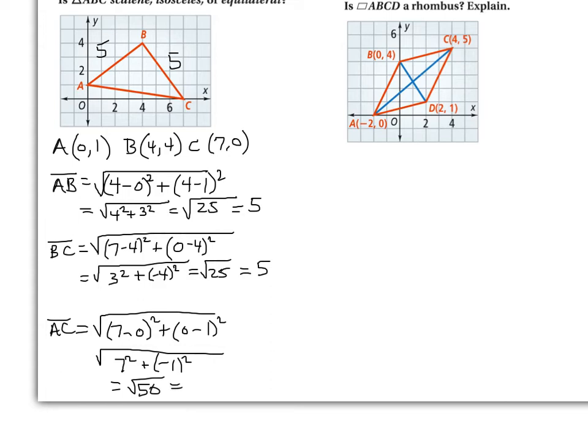I know for sure it's not 5. So this here is the square root of 50. Well, what kind of shape is this? Scalene, isosceles, or equilateral? Well, this is an isosceles triangle simply because two sides are congruent. Okay? So these are the kind of things that you're going to be doing in your examples.